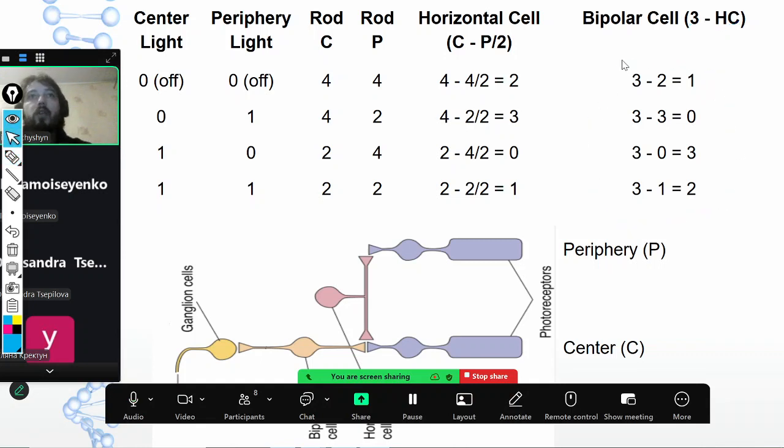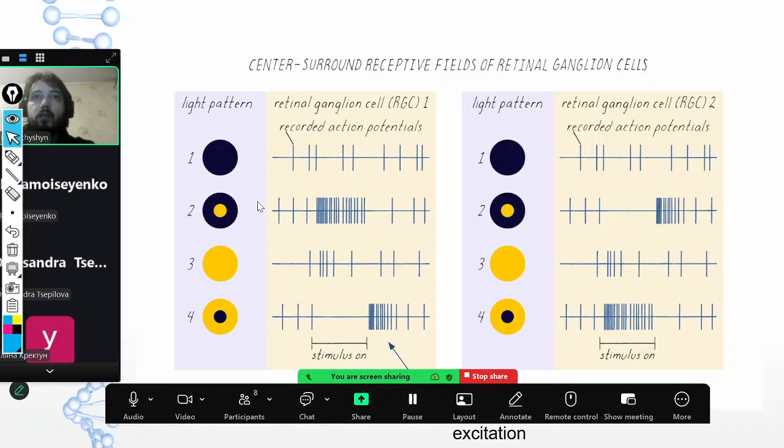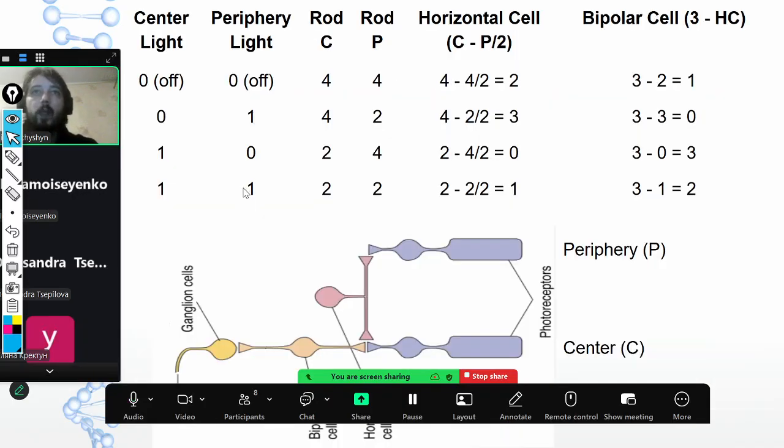And now you may check. If we have nothing here, so no signal here, we should have some pretty small signal getting to the brain. So nothing here, you see, and we have some pretty small signal getting to the brain. If the center is lit and the surrounding is dark, what is happening?